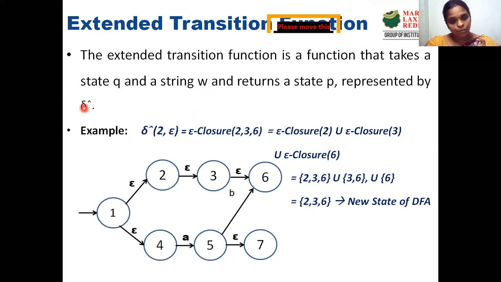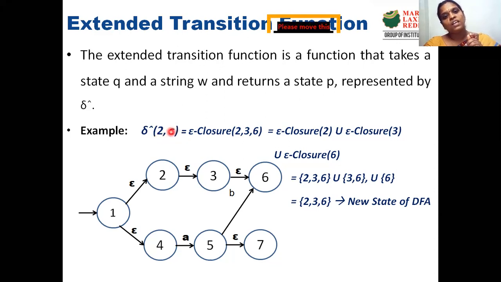So delta cap of 2 comma epsilon is the extended transition function. The extended transition function is defined as the set of epsilon closures that you have obtained on a particular state on the input string given here.